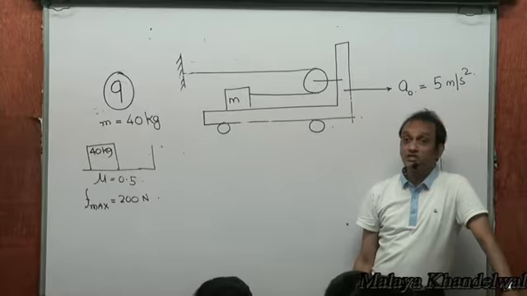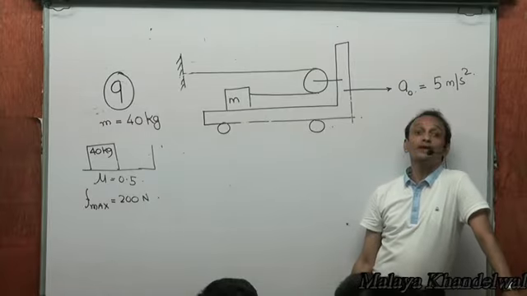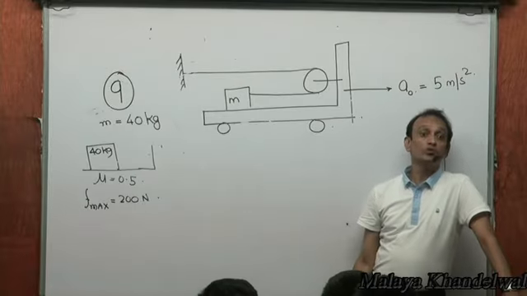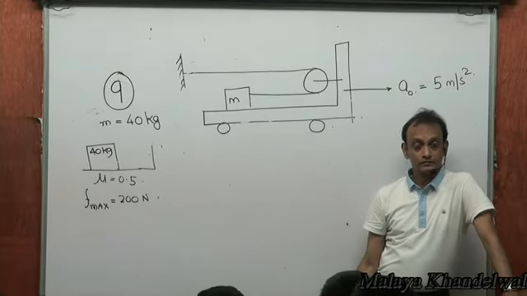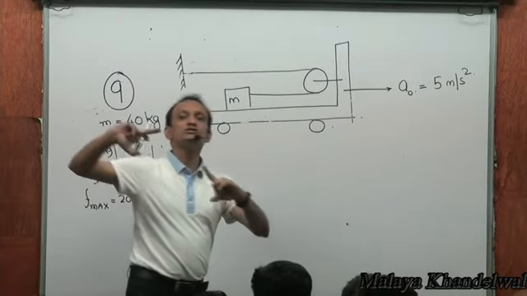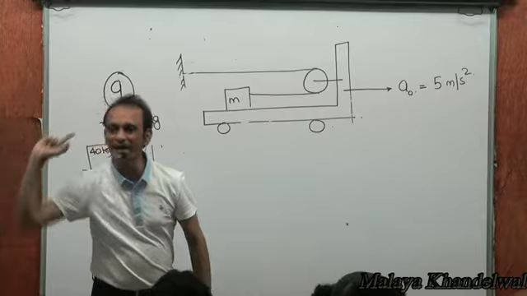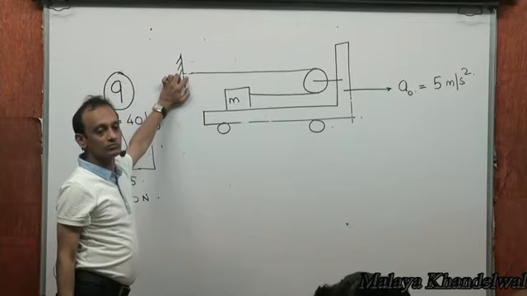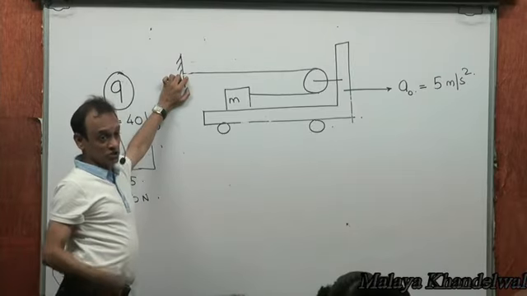But the first thing is, let's understand whether small m will move to the right, or will it not move, or will it move to the left. Whatever happens, the first requirement to be met is that this string must remain constant in length. Yes or no? Constancy of string length?